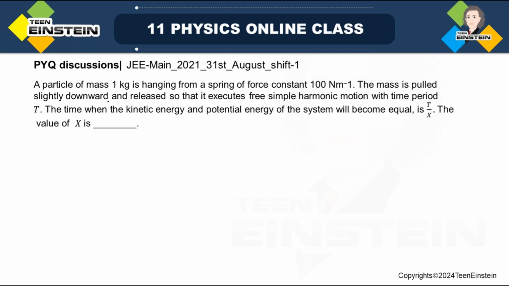This problem is also very interesting. A particle of mass 1 kg is hanging from a spring of force constant 100 Newton per meter. So there is a spring hanging, with a mass attached to it.